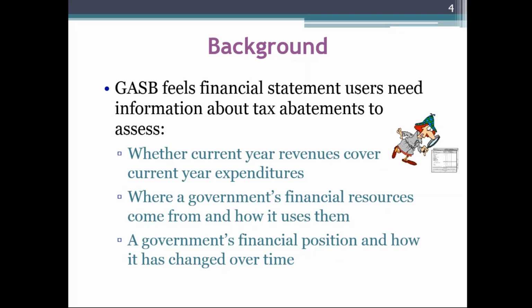If we don't have all the revenue reflected in the financial statements, how will we know whether the current year revenues would have covered the current year expenditures? The second one is where a government's financial resources come from and how it uses them. If some of the resources are not included in the financial statements, we don't necessarily know where they would have otherwise come from, and whether or not a government's financial position has changed over time.